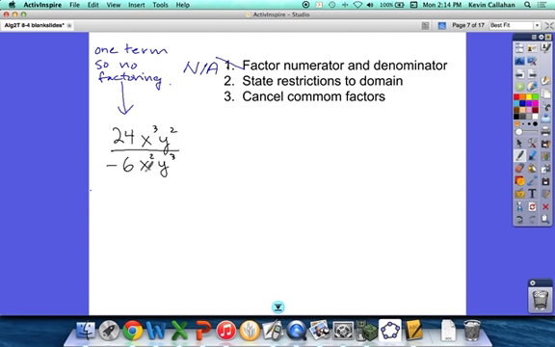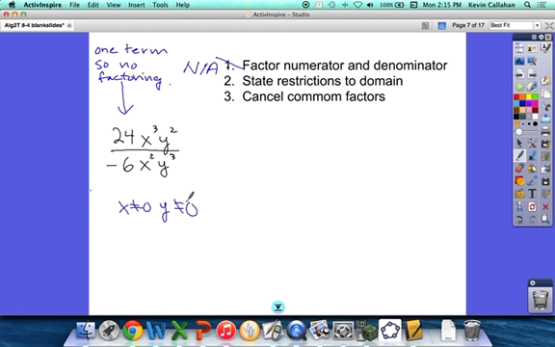You could think of this like in parentheses, x minus 0 squared. Isn't that the same thing? And what does that make the restriction? 0. So when you get a standalone x, it's not x plus something or x minus something, then 0 is the restriction. So right away I'm going to write this down here. X does not equal 0. Y does not equal 0.